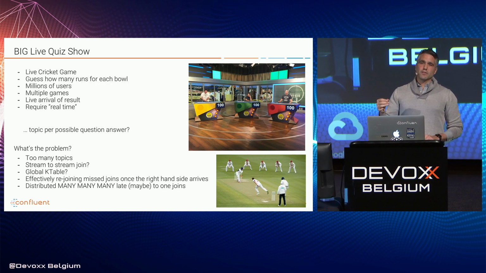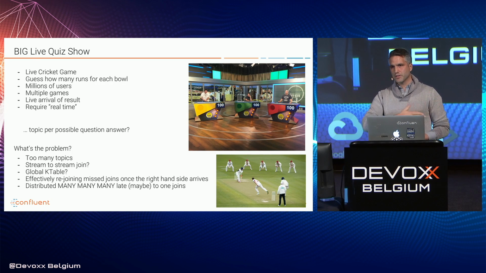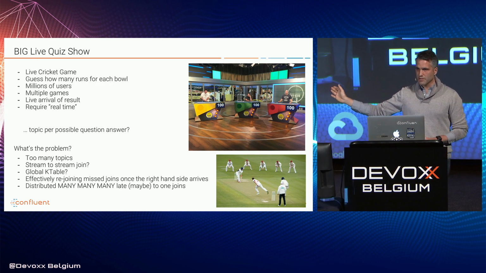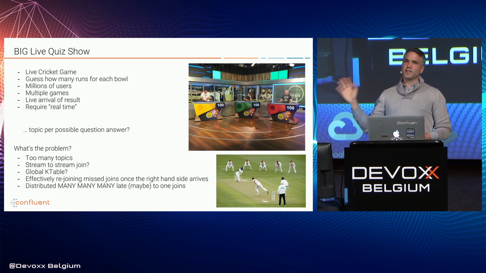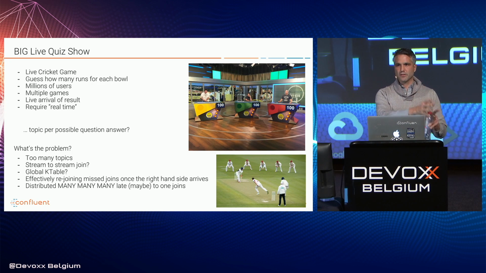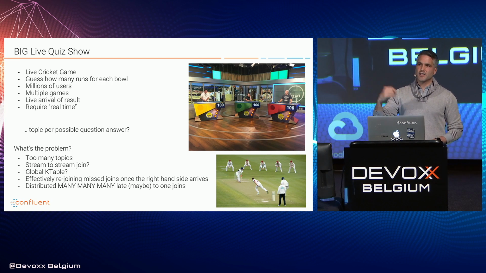Another option you might think of is not using the question ID as the key, but using the response ID. So distributing the responses across a highly partitioned topic across your entire cluster, and then joining against a global k-table. Because as we all know, the global k-table will have a copy of the answer on every Kafka Streams instance. Now, the problem with this is it works once the answer has arrived.